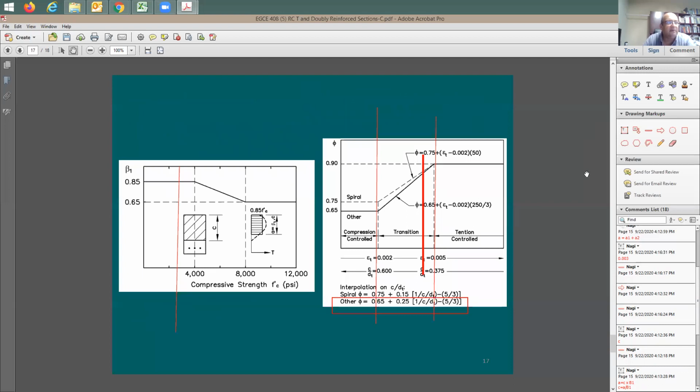Look at this equation here. It gives you the y component on this axis, the phi factor, equals 0.65 plus the strain in the steel subtracting 0.002, multiplied by 250 over 3. So you have two ways of finding the phi factor: one way is with the strain in the steel, the other method is with c over d.